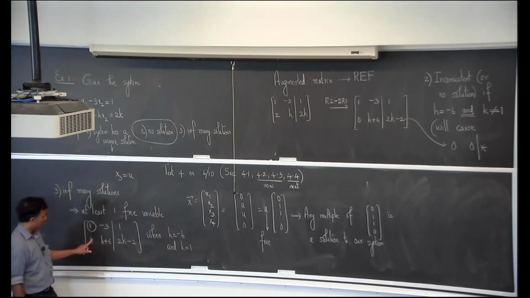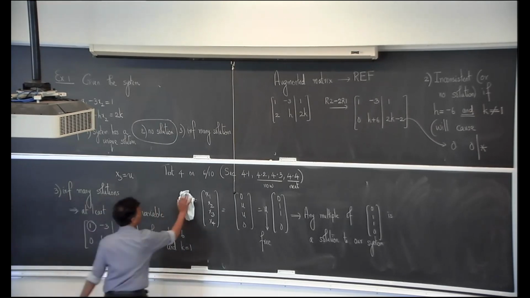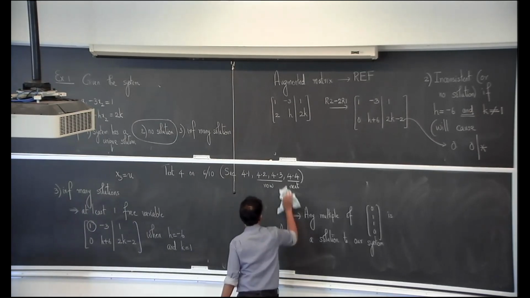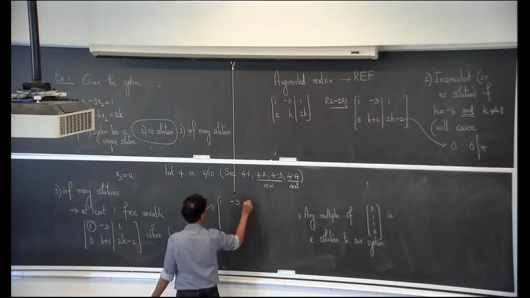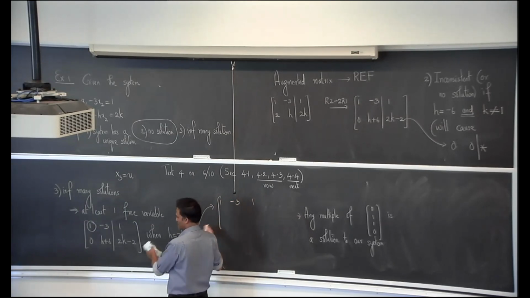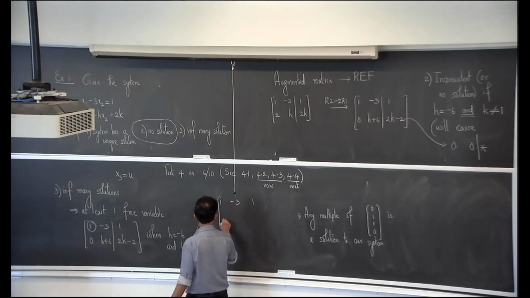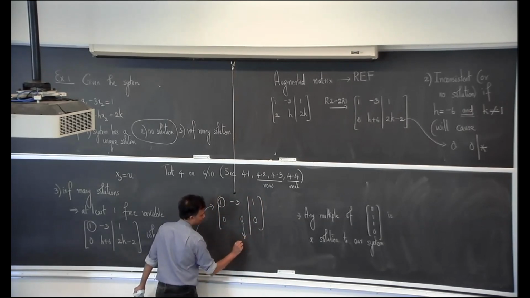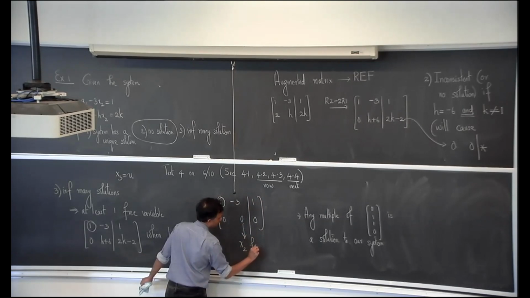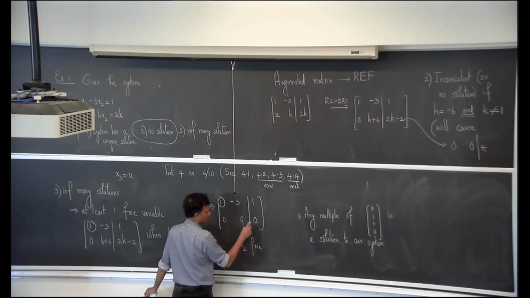It's consistent and there is a free variable. This becomes 1, -3. You don't have to write the analysis of why it is, but I'm just showing you that if h is -6 and k is 1, you have 0, 0, 0. So that is basic. This is free, and it's consistent because 0 plus 0 is 0.